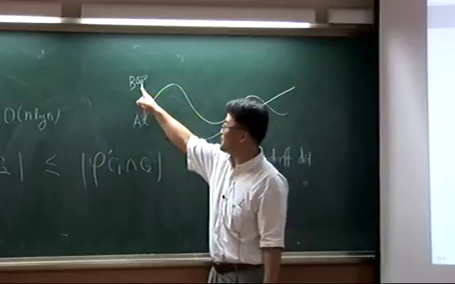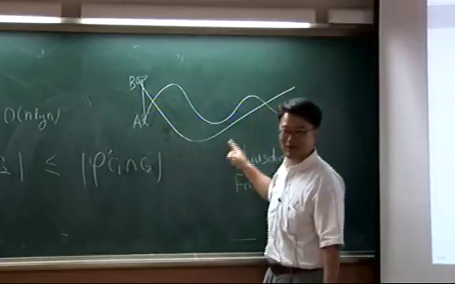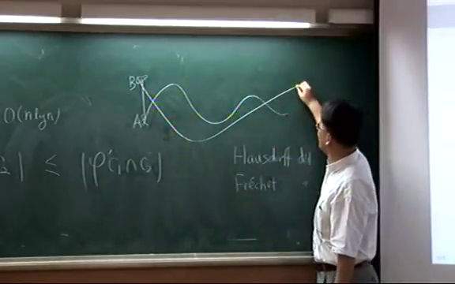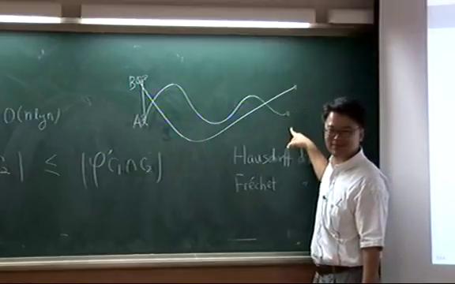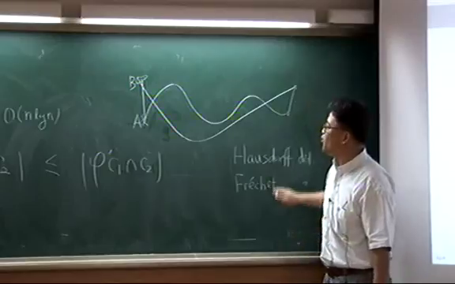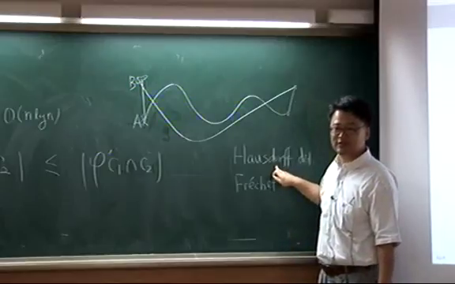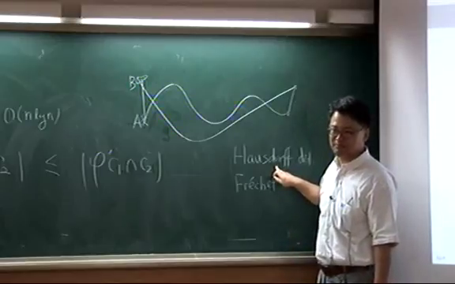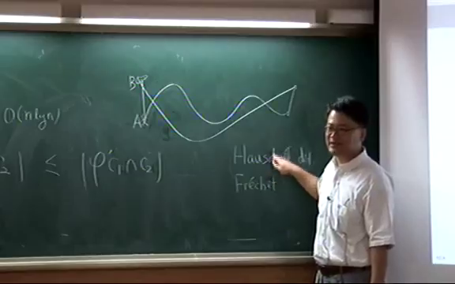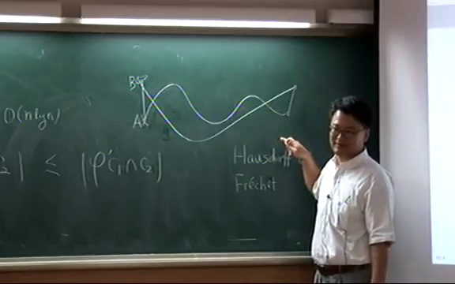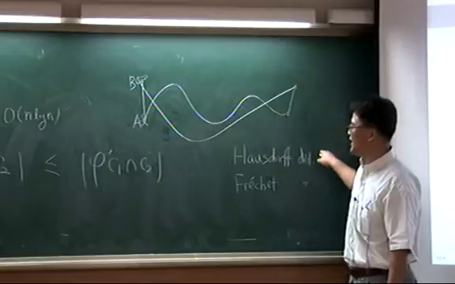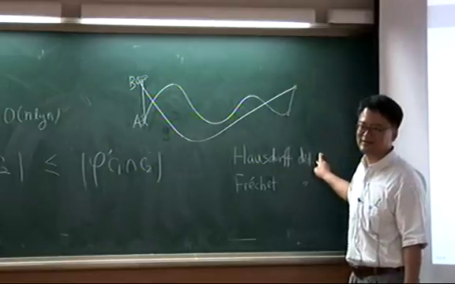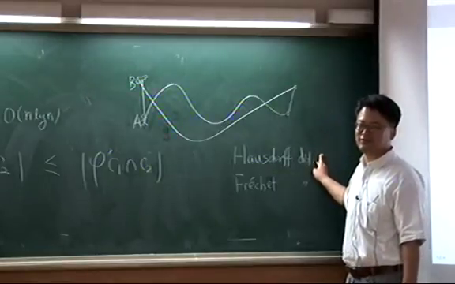The dog is also moving forward, backward, and so on. In the end, the dog must be there, and you must be here. Then the question is, what is the minimum leash length that makes this walk possible? The minimum leash length is defined as the Hausdorff distance of two curves.